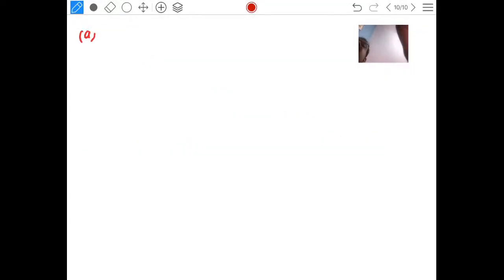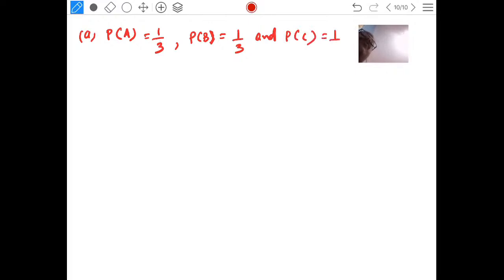That is A: P of A equal to 1 by 3, P of B equal to 1 by 3, and P of C equal to 1 by 3.